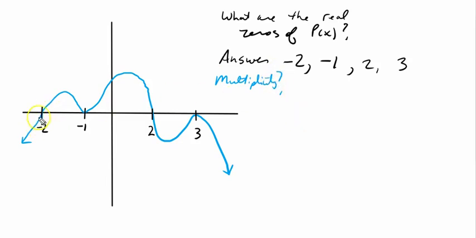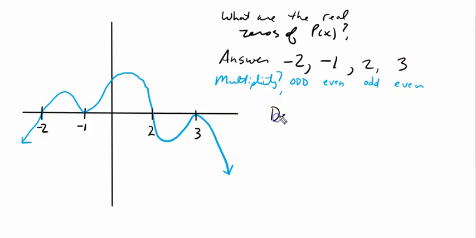Well, at negative 2, the graph crosses through. So negative 2 will have odd multiplicity. So it's only repeated once, or it's repeated 3 times, 5 times, etc. What's happening at negative 1? It's touching and bouncing back. So negative 1 will have even multiplicity. What's happening at 2? Well, it's crossing through at 2, so it will have odd multiplicity. What's happening at 3? It's touching and bouncing back, so it has even multiplicity.